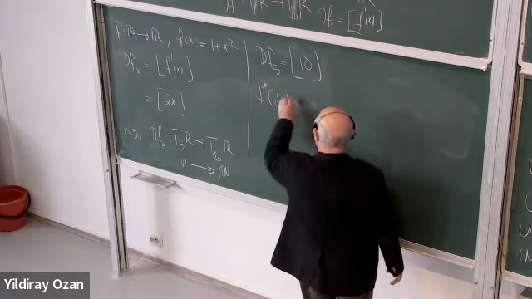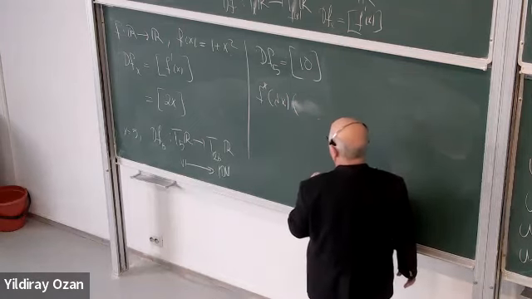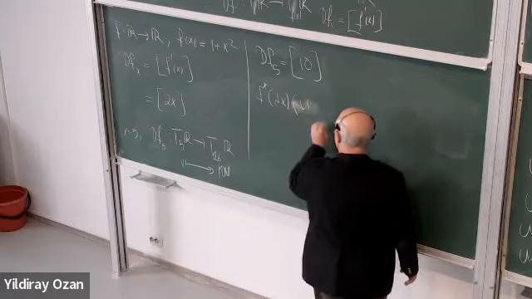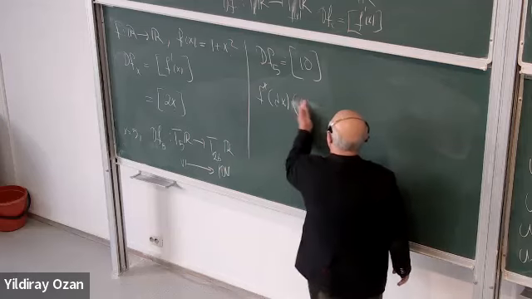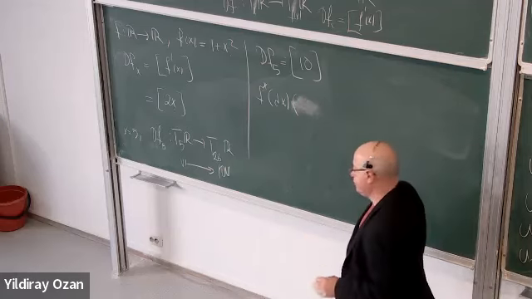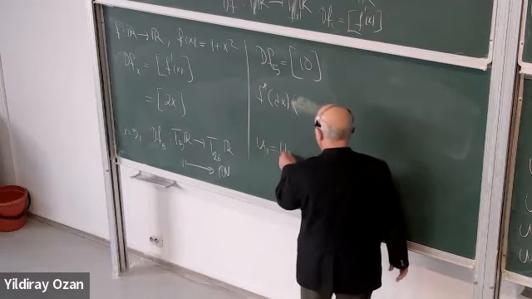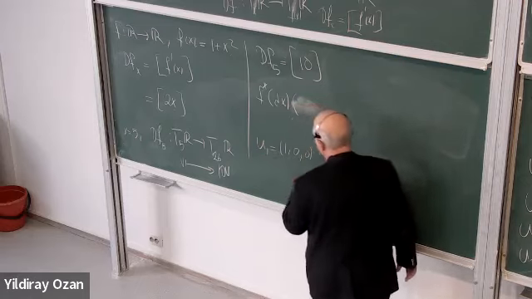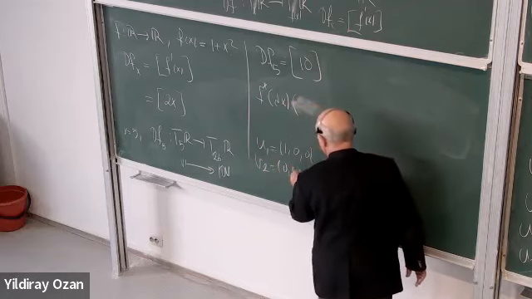Let us compute this at any vector, let's say the vector u. In R3 these u_i's are, u1 is 1 0 0, and u2 is given similarly, 0 1 0.